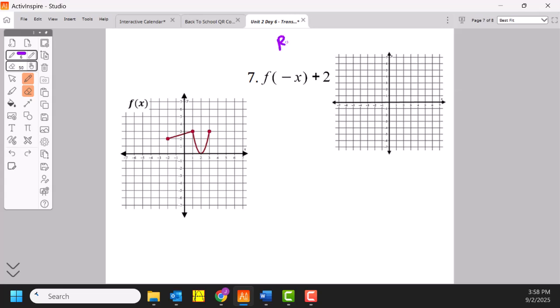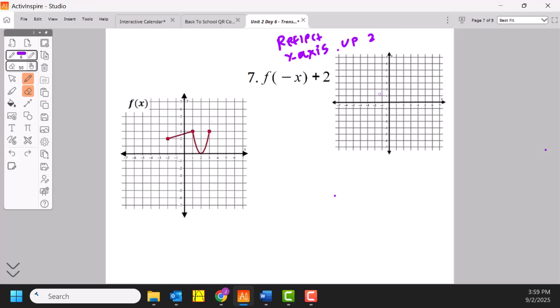Okay, so reflect over the y-axis and then up 2. Okay, so we're going to reflect over the y-axis. That means all the points are switching to the other side of the y-axis, like this. So we have, oops, let's just erase this.